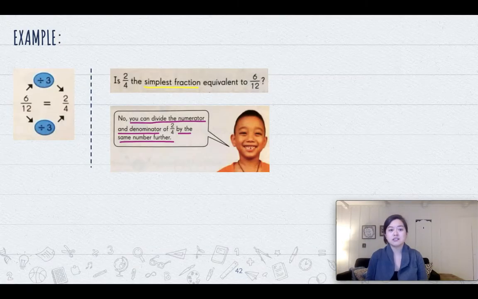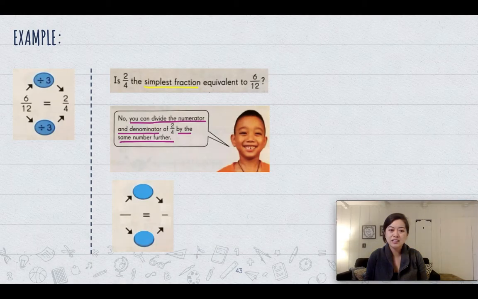No. You can divide the numerator and denominator of 2/4 by the same number again. There's another number we can divide it by. Can you think about that number? So let's write 2/4 here, and we can divide the numerator and denominator by another number that's the same.